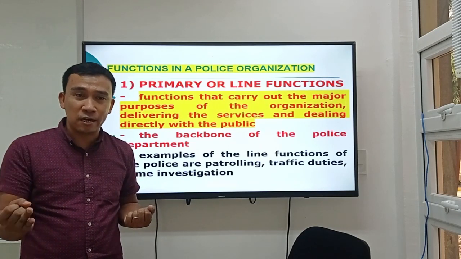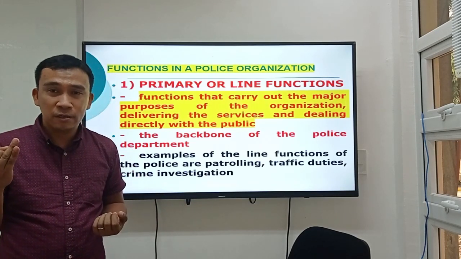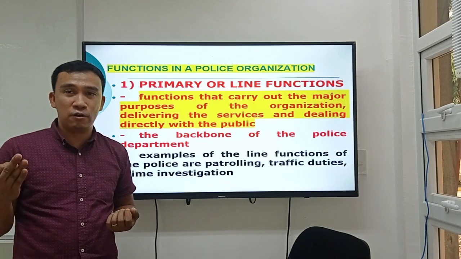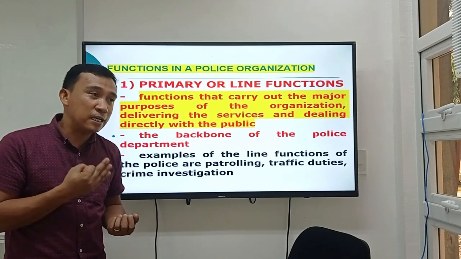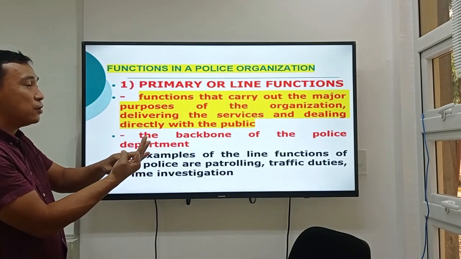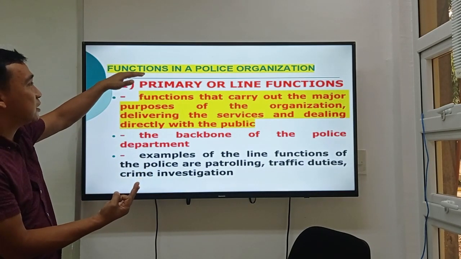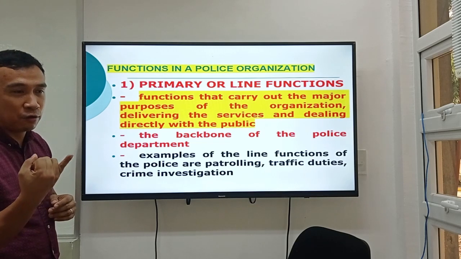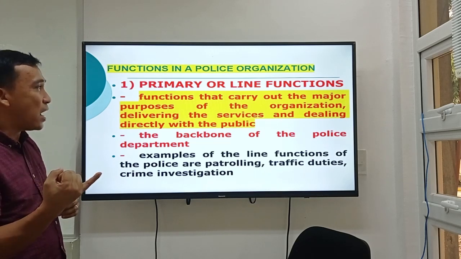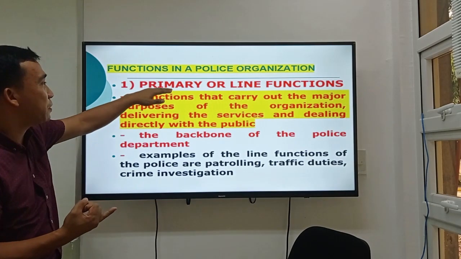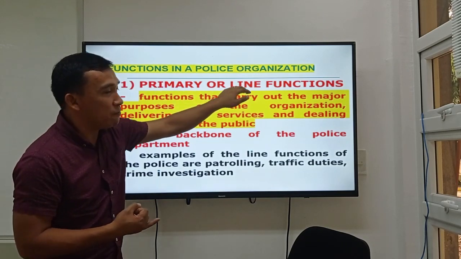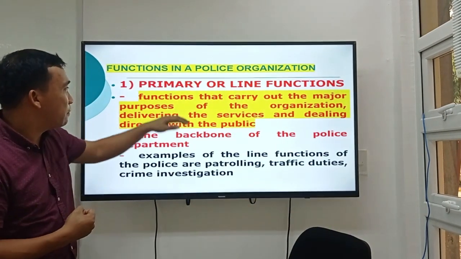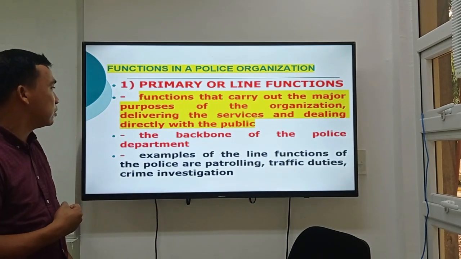Operation, administrative, and service or auxiliary. At itong tatlong ito ay meron silang mga sari-sariling function. Like for example, yung operational unit, ang kanyang function is primary or line function. Ano itong primary or line function?